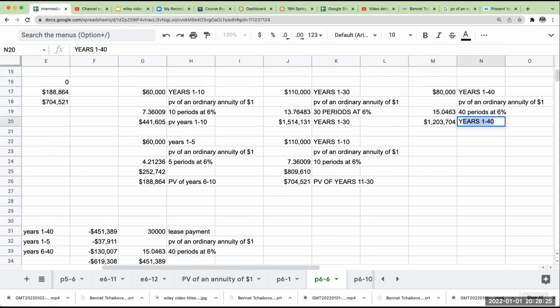Okay, so this is going to be years 1 through 40. But obviously, I did not hold it for that entire time, so I'm going to subtract out years 1 through 30. This is going to be 80,000.